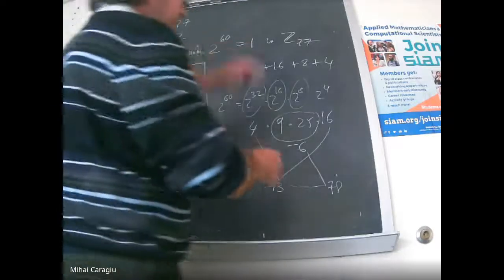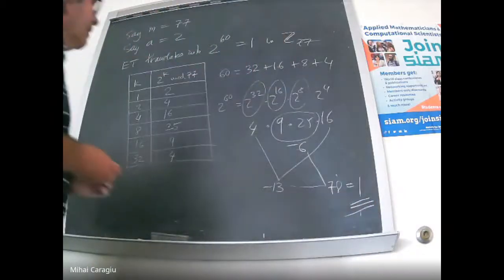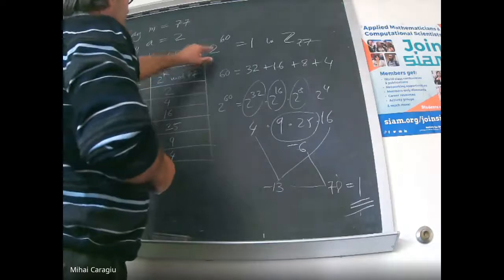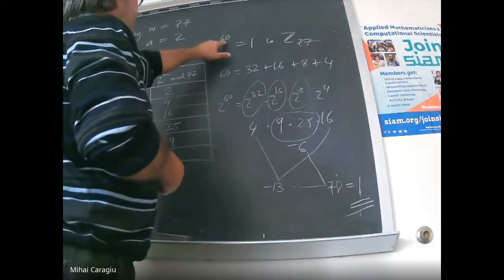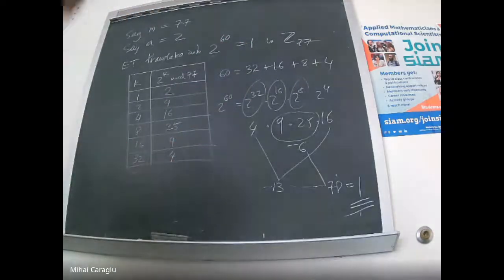But 78 mod 77 is the same as 1. So we just verified Euler's theorem: for this invertible element in Z77, the phi of 77th power of the invertible element is 1, which is a verification in this special case for Euler's theorem.